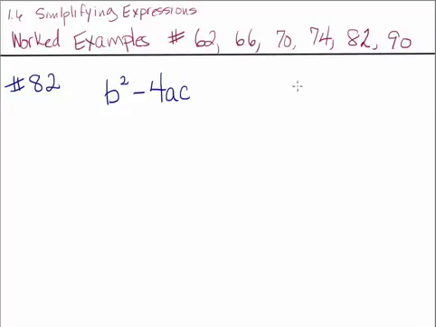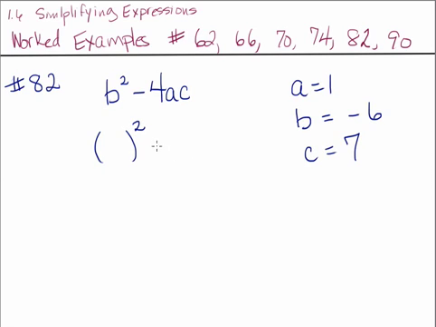In this problem, we're given a equals 1, b equals -6, and c equals 7. So we need to start by rewriting the expression with blank spaces wherever we see a variable.